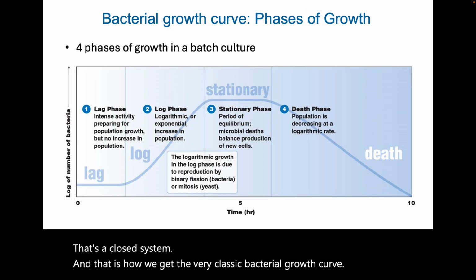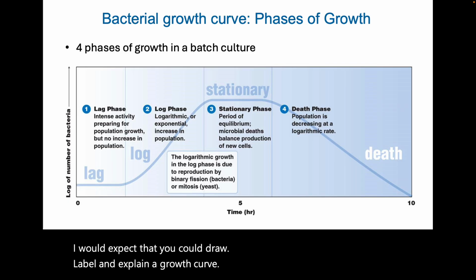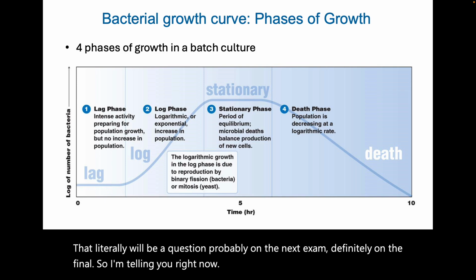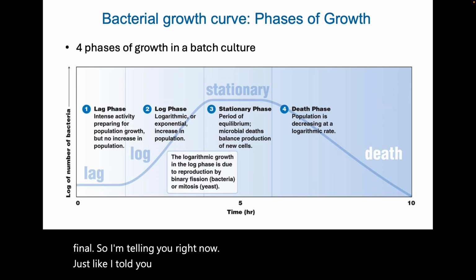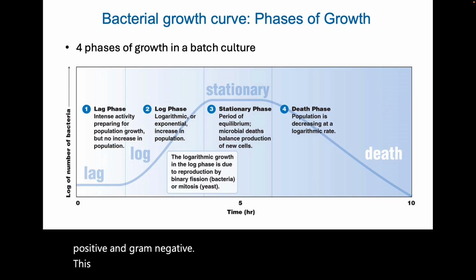So again, I would expect that you could draw, label, and explain a growth curve. That literally will be a question probably on the next exam, definitely on the final. So I'm telling you right now, just like I told you about the gram stain or the difference between gram-positive and gram-negative, this curve will come up again.